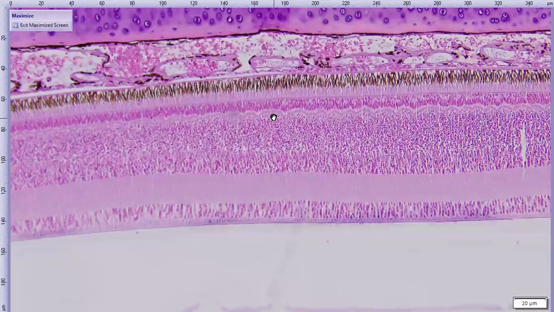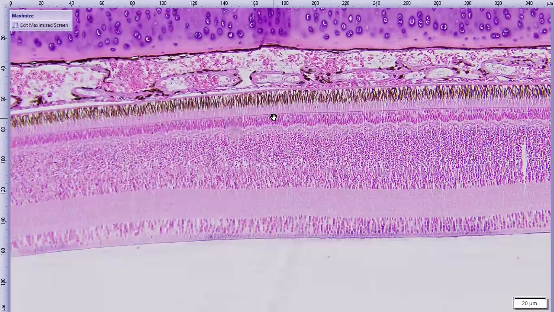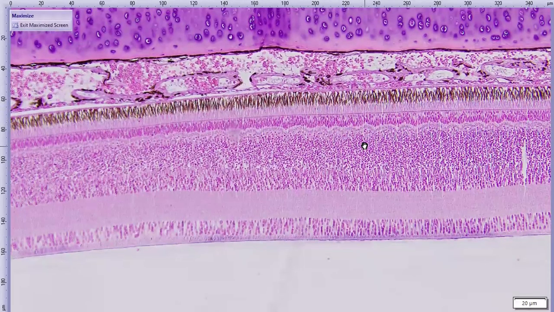You can see this nice shading of the photoreceptors. To some extent, you can see the choriocapillaris a little bit better than you could in the pelican.